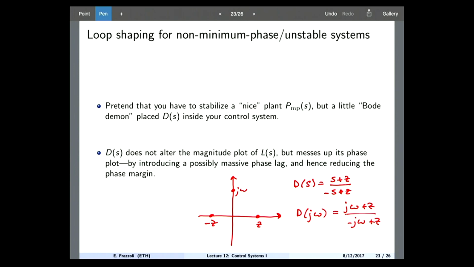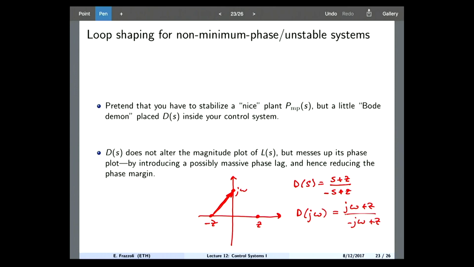What is the magnitude of this transfer function? What is the magnitude of the numerator? The magnitude of the numerator is the distance between the zero and my j omega point. Okay?